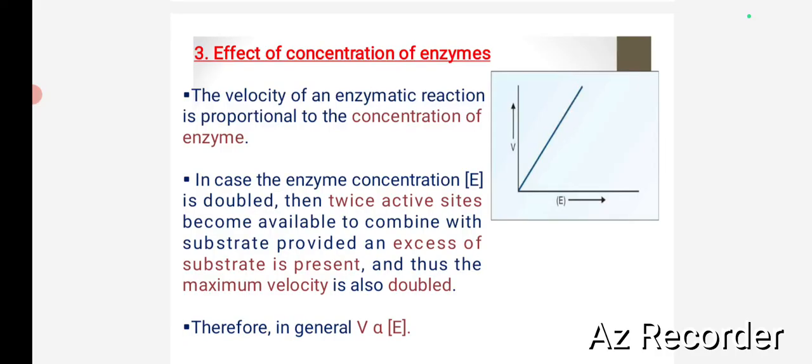Therefore, in general, V is directly proportional to enzyme concentration. The graph shows enzyme concentration on the x-axis and velocity on the y-axis. Whenever we increase the enzyme concentration, the velocity also increases.